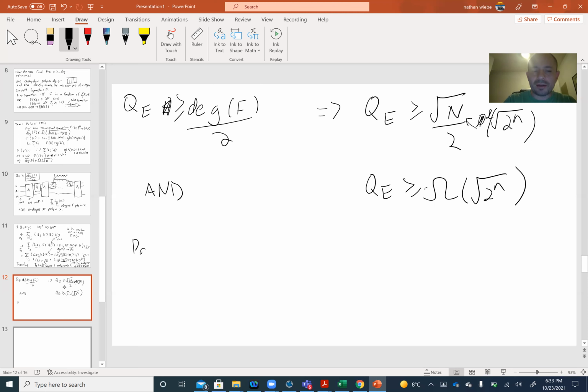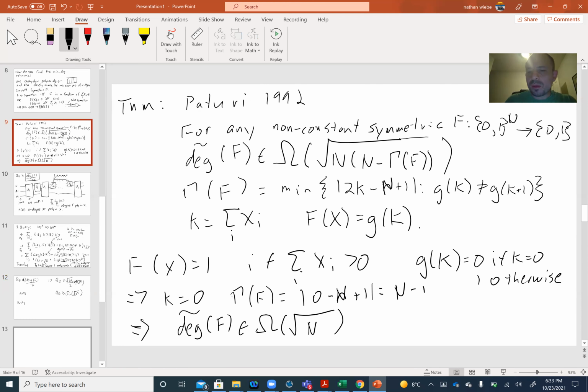Parity, on the other hand, is interesting. If we go back to that Paturi result, what is this gamma function over here? It's the minimum over |2k minus n plus 1| such that g of k is not equal to g of k plus 1.